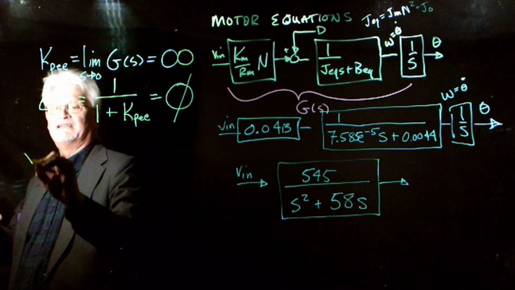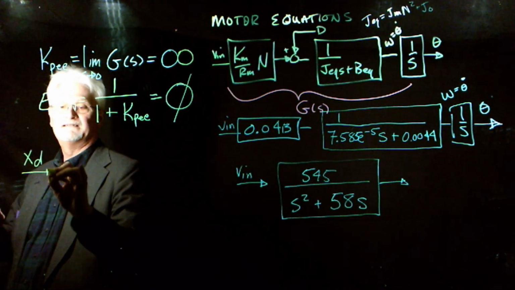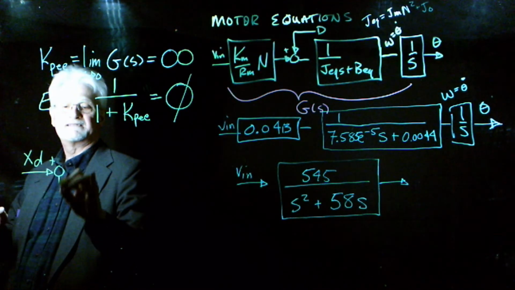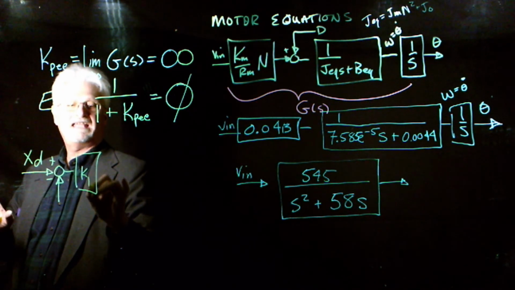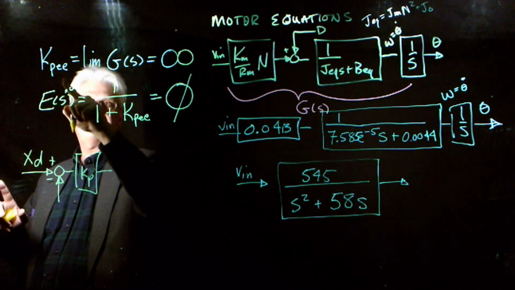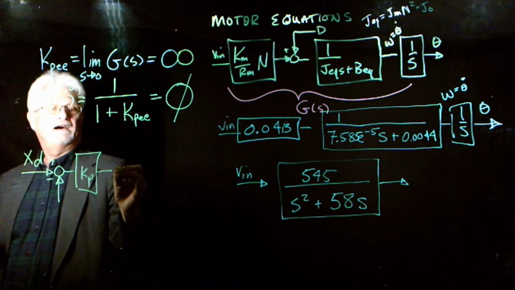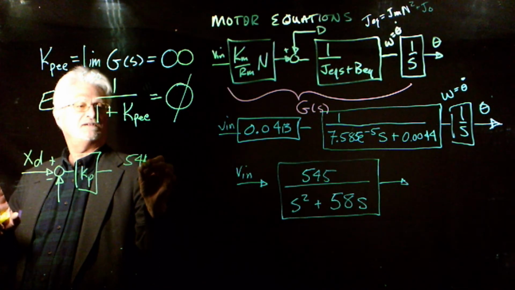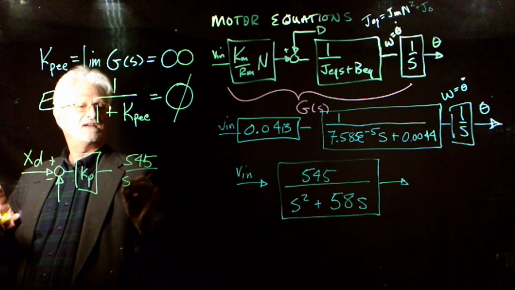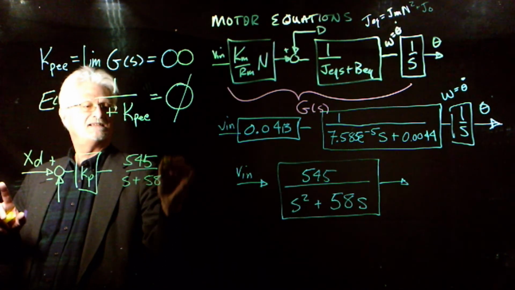We're saying x desired minus, we're putting the proportional gain in there, Kp, that's not this Kp, and we're doing 545 over s plus 58.